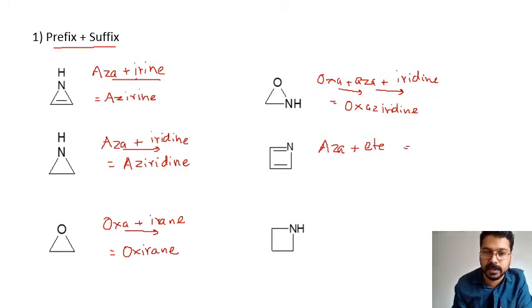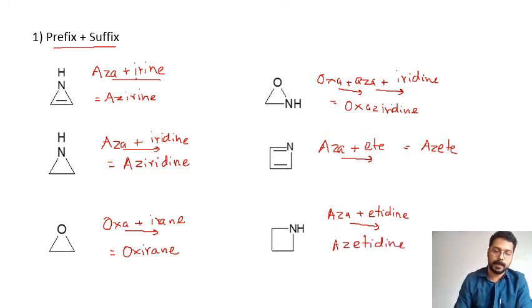Aza plus ete, you can replace a by et, so the name will be azete. Similarly, if you take the saturated, that is aza plus etidine, because it is saturated with nitrogen, the name will be azetidine. This will be the name.